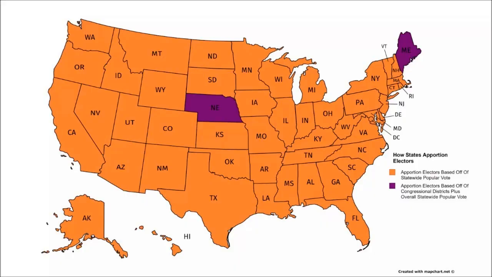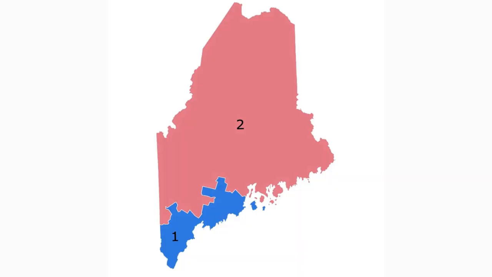However, there are two states that do not do this. Maine and Nebraska are the two states that actually split their Electoral College votes, and the different districts in the state each award electors. I say that now when I am recording this. However, there has been some effort by the Republican Party to get rid of the system in Nebraska.